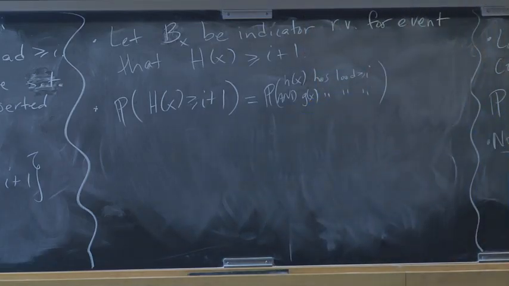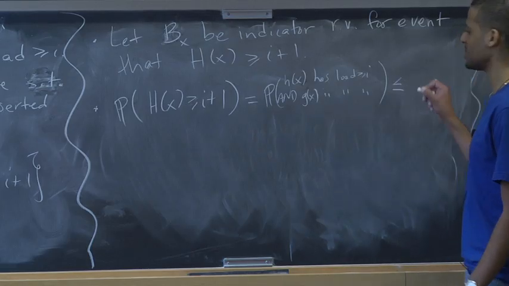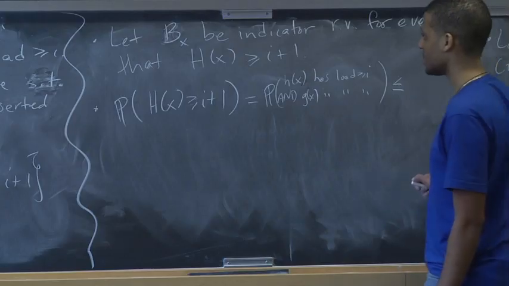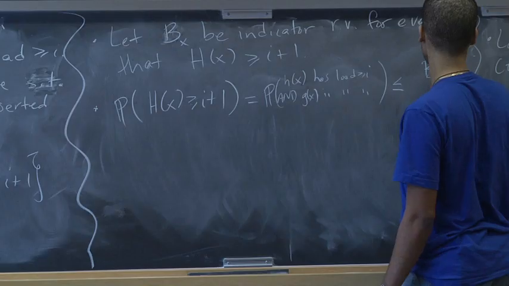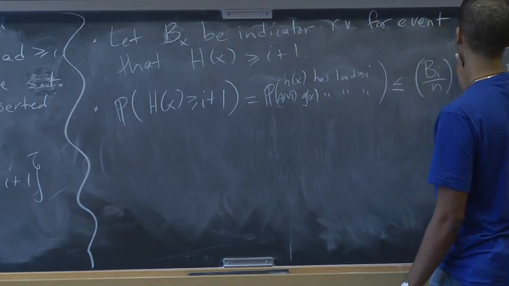But h and g are independent functions from each other. So this is at most (B_i over n) squared.